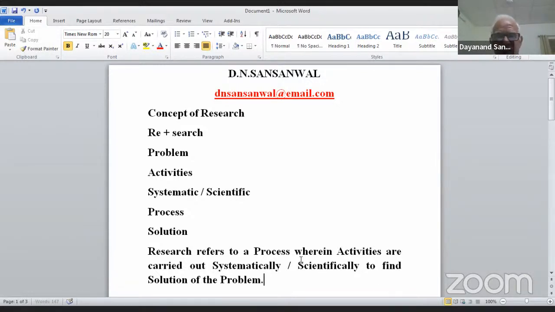Now all 5 words are here: process, then activities, then systematic or scientific, then solution, and then problem. This is the general definition of the word research.